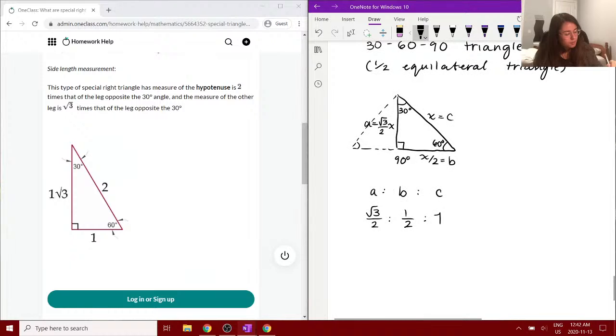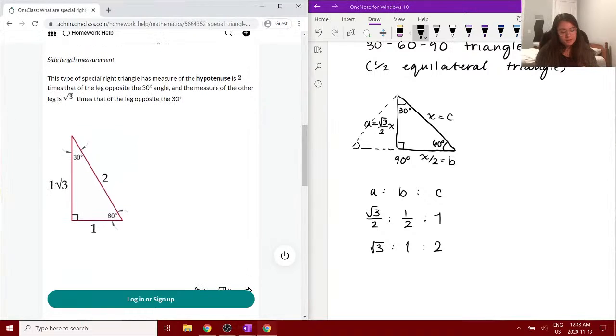And usually ratios are written with whole numbers or integers and not fractions, so we'll multiply everything by 2 to get root 3 to 1 to 2. Okay? So that's the reasoning why they don't have fractions in their example.